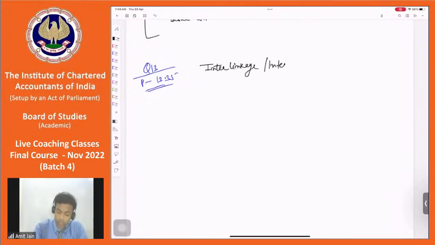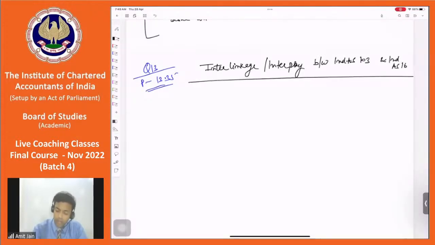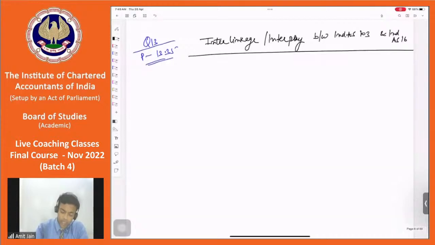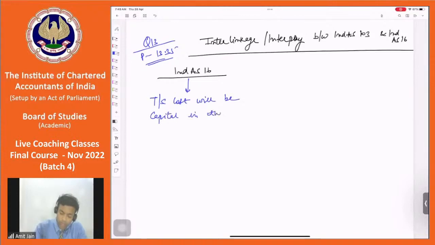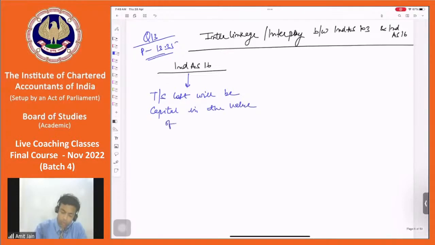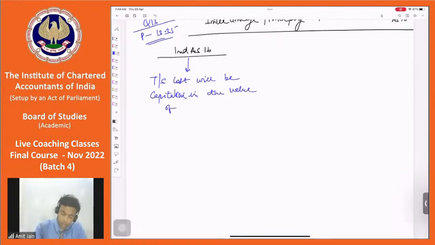Interlinkage or interplay between two standards, Ind AS 103 and Ind AS 16. What does Ind AS 16 say? Ind AS 16 is saying that transaction cost will be capitalized in the value of the asset, right?